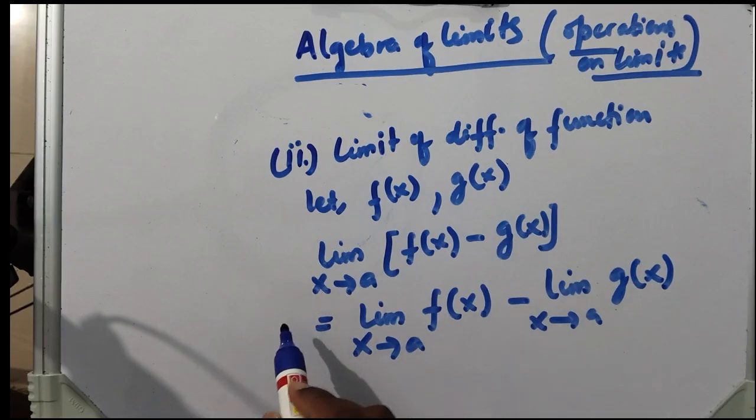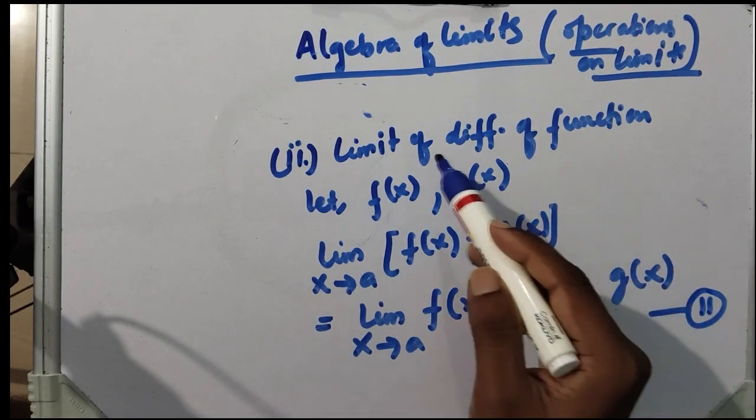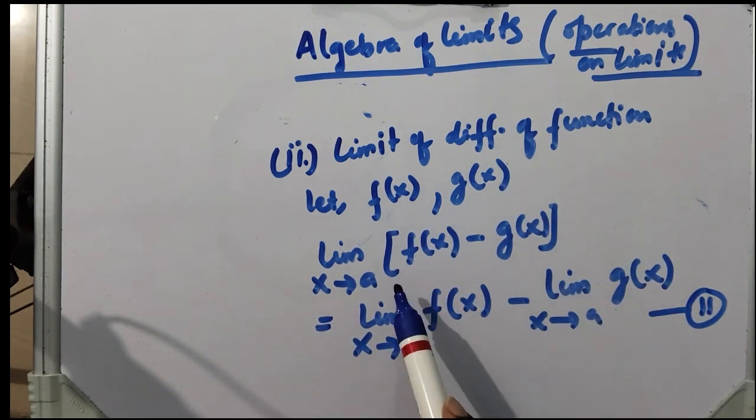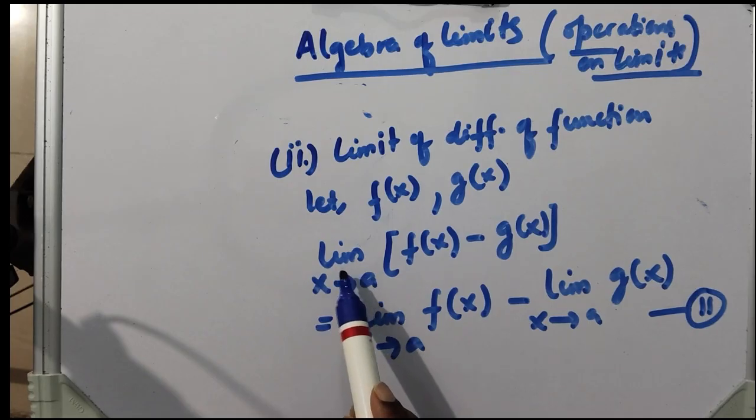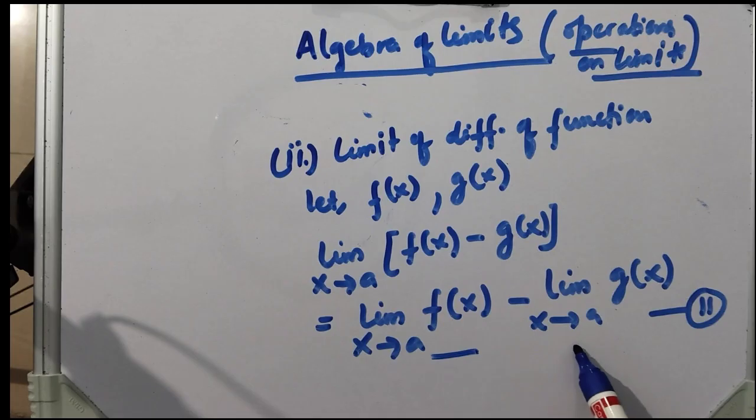So this is rule number 2. When the functions are within the bracket and the limit is given before it, then we can separate it. There is no basic difference: like summation, we write difference as well.